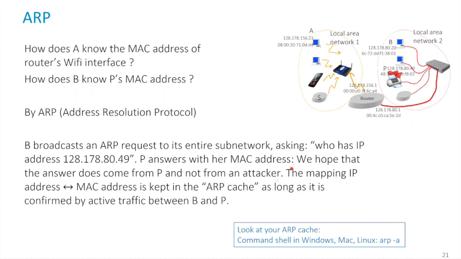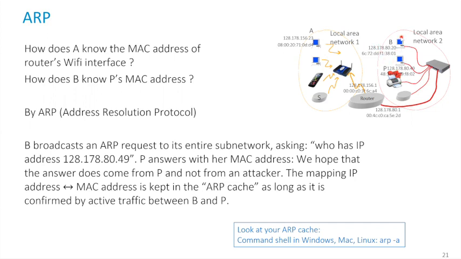It will keep this in what is called an ARP table or ARP cache. It's called a cache because it is whatever we learn on the fly, and we keep it for some time. So as long as B and P communicate, for example, if B continues to use the printer, it will send acknowledgements that the packets have been well received.